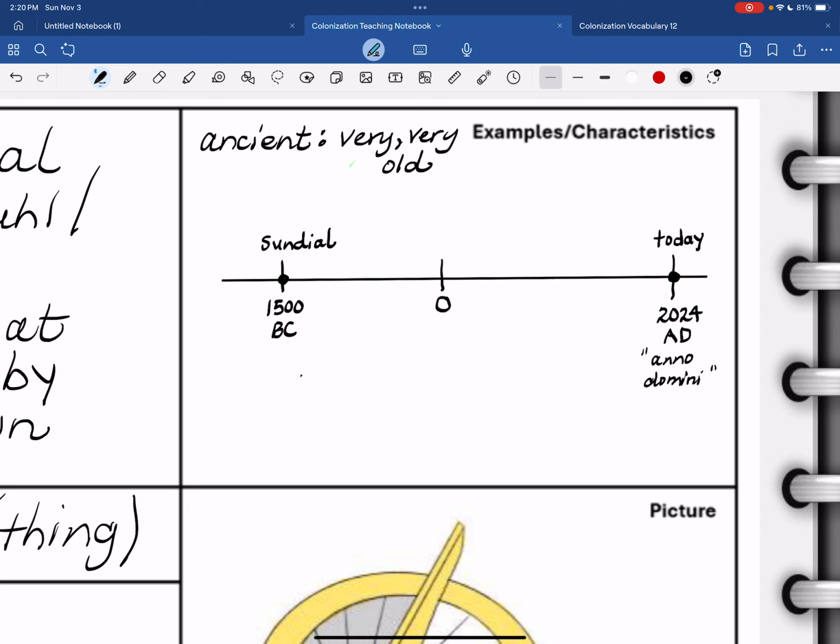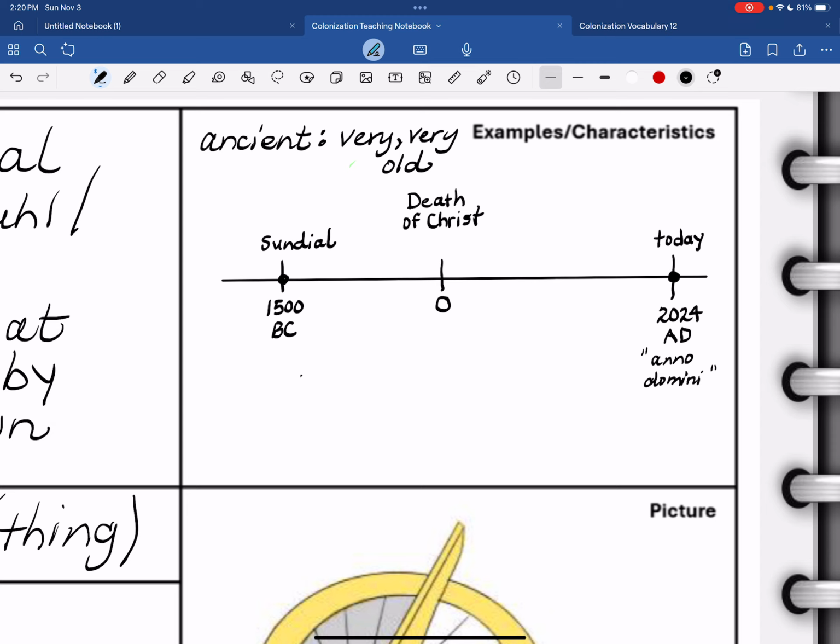So what happened at 0? When did BC turn into AD? 0 is the death of Christ. And even if you are not a religious person, time is still measured from that event in history, because much of written history was based on religion in some form.